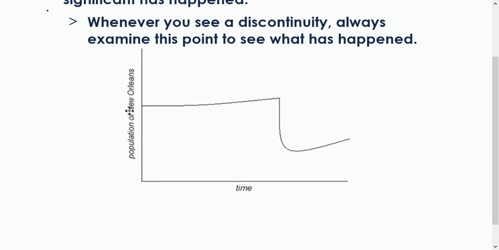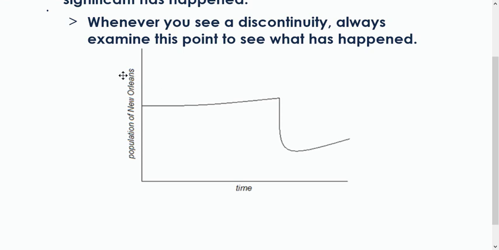However, if you know something about New Orleans and time, if you remember Hurricane Katrina happened, probably a lot of people either left the area or died, unfortunately, and this change is communicating something to whoever this graph is displaying information to.